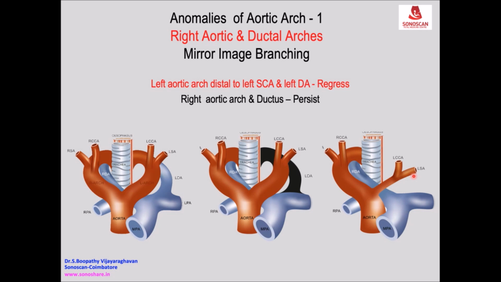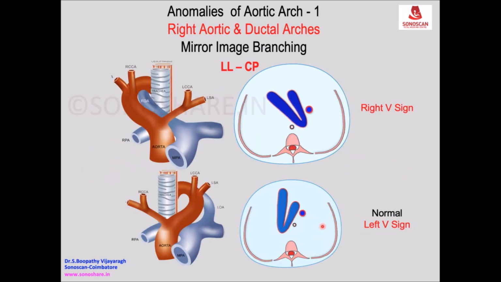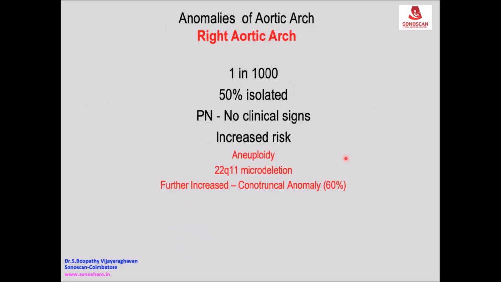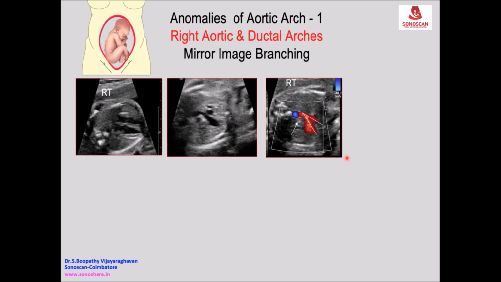Both the aortic and ductal arches are to the right of the trachea. The risk is further increased if there is an associated longitudinal breach.